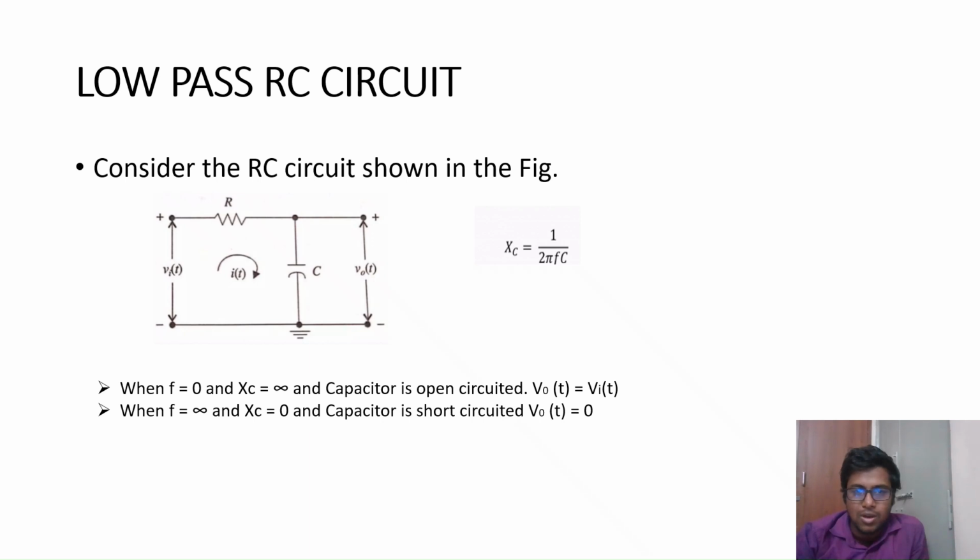Whenever you take a voltage across a short circuited terminal, the voltage value will become 0. That is, whenever you pass a high frequency signal, you will not get any output at the output side. In that way, this RC circuit will attenuate the high frequency signal, avoiding it from being available at the output side.